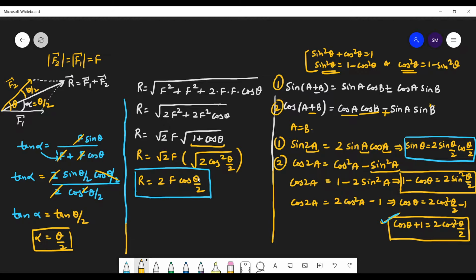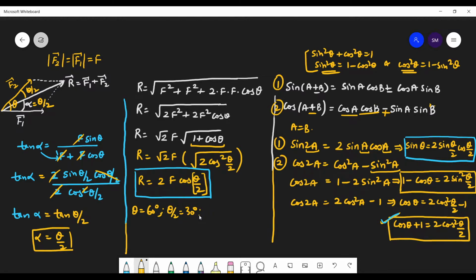Now students, you can clearly see here that this angle is theta by 2. So if theta is equals to 60 degree, then theta by 2 equals to 30 degree.